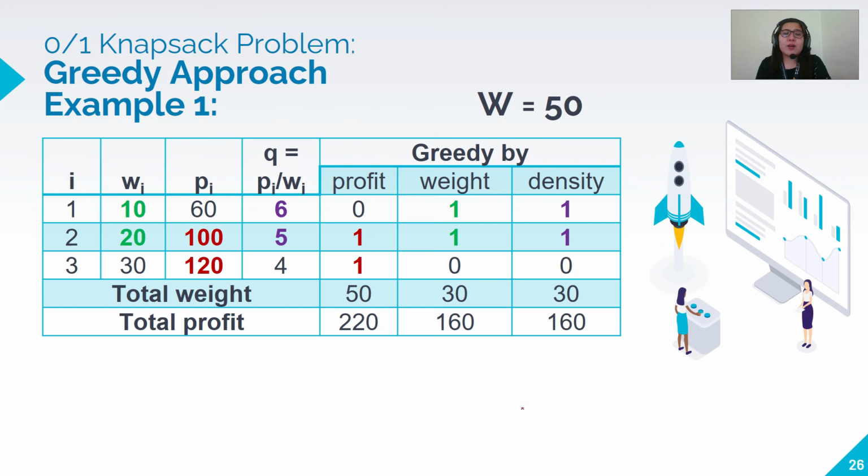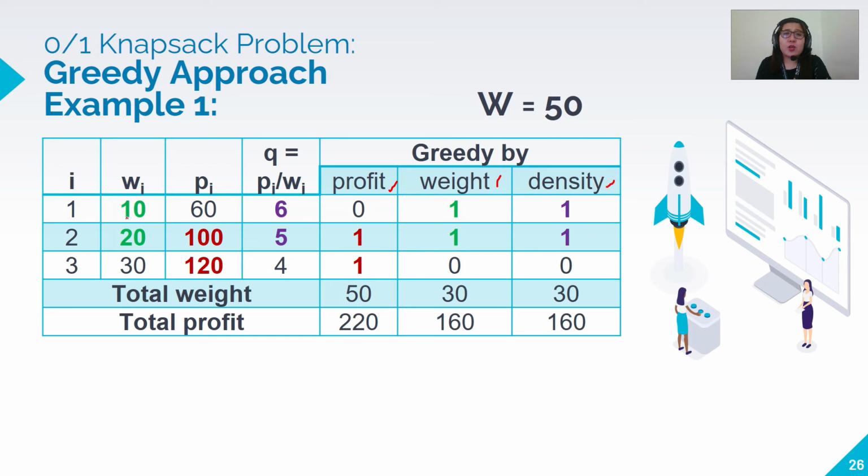So we have here our first example applying greedy approach. Okay. So magkakaroon tayo ng column for greedy by profit, greedy by weight, and greedy by density. And these are the given.